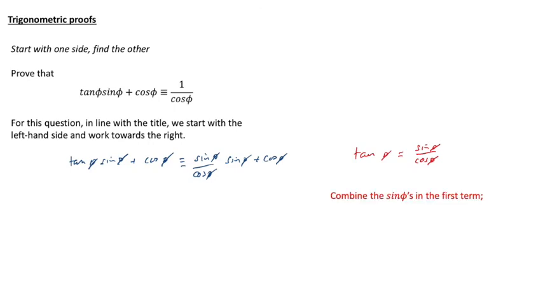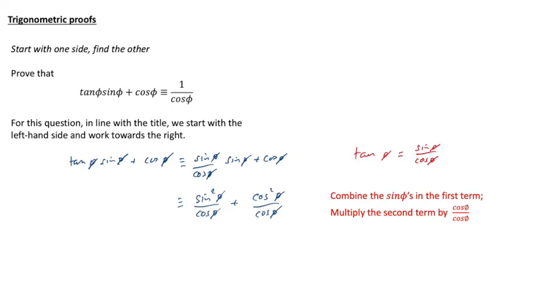The next thing we're going to do is combine the sine phi's in the first term, so that's going to give us sine squared phi over cos phi, and also because we've now got cos phi on the bottom of that fraction, we're going to multiply the second term by cos phi over cos phi, which will also give us a cos phi on the bottom. So that gives us plus cos squared phi over cos phi.